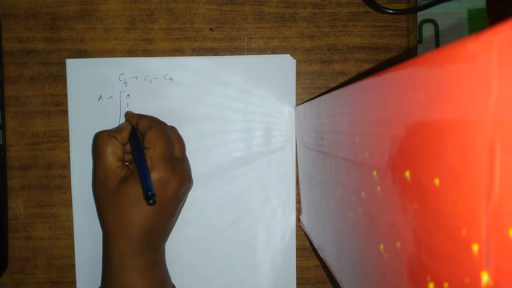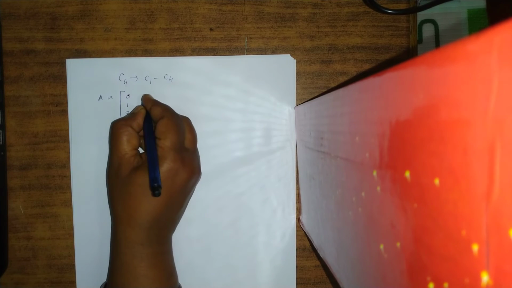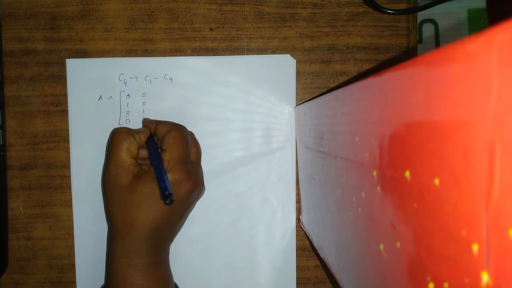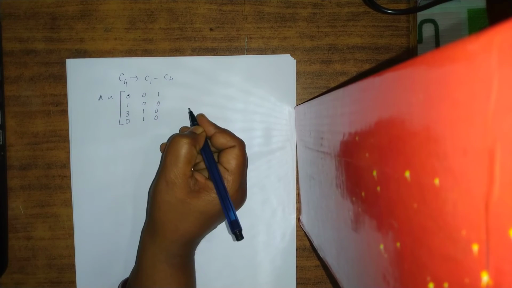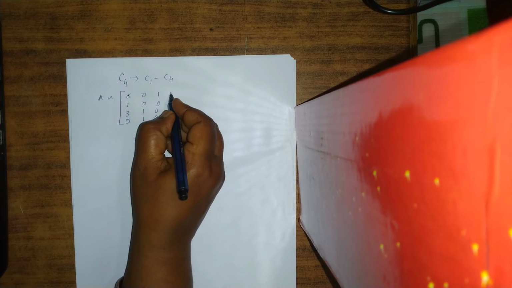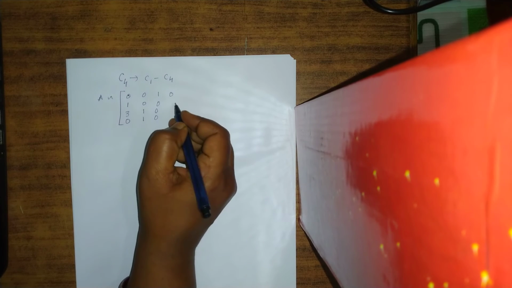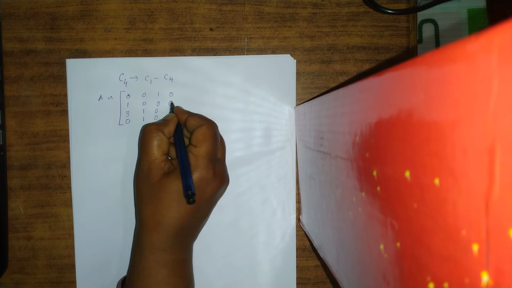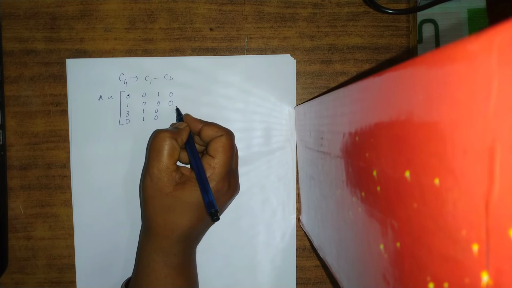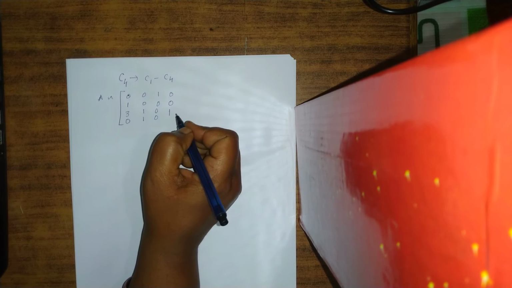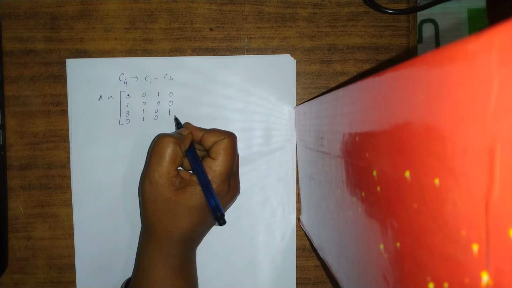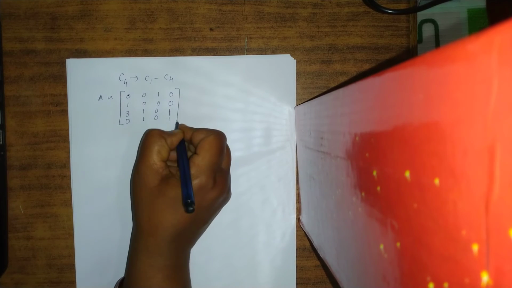It is 0, 1, 3, 0, 0, 0, 1, 1, 1, 0, 0, 0. And here C4 is 0 minus 0 is 0, 1 minus 1 is 0. C1 minus C4: 3 minus 2 is 1, and 0 minus of minus becomes plus 1.